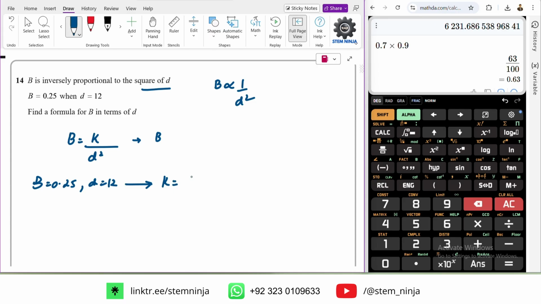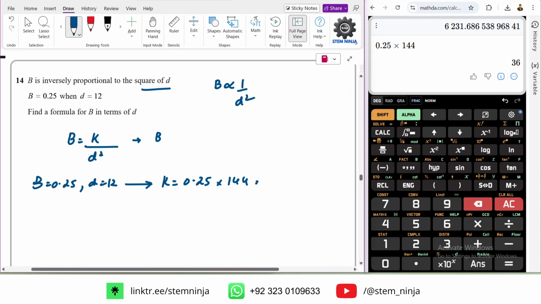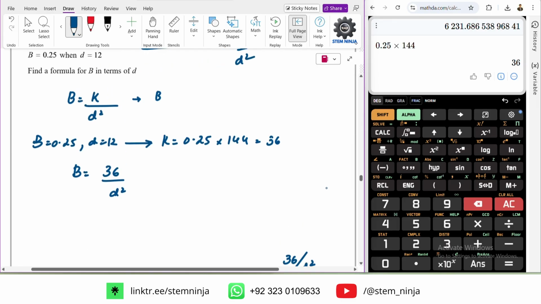So K would be equal to 0.25 times D squared, so 144. 0.25 times 144, that is 36. So B would be 36 over D squared. Right, that's question number 14.